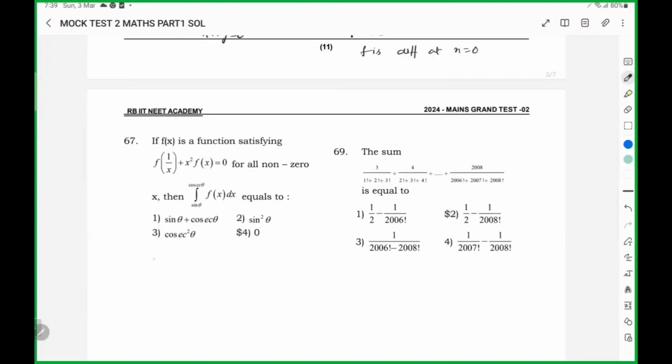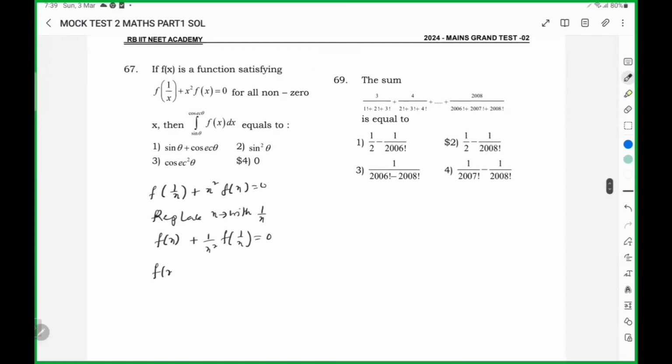Here f of 1 by x plus x square f of x is given. Replace x with 1 by x, f of x plus 1 by x square, f of 1 by x is 0. So f of x will be integral sine theta cosecant theta of 1 by x dx.